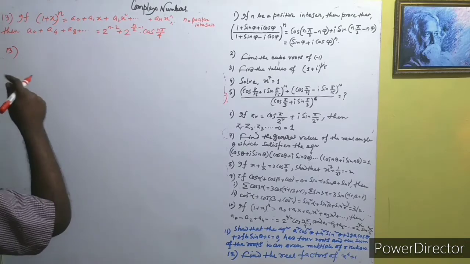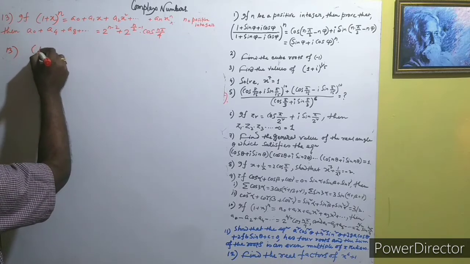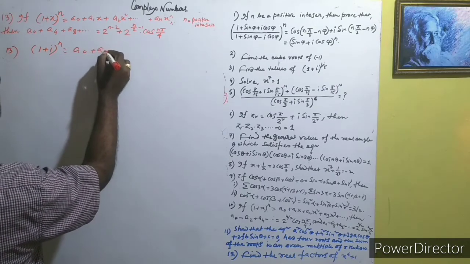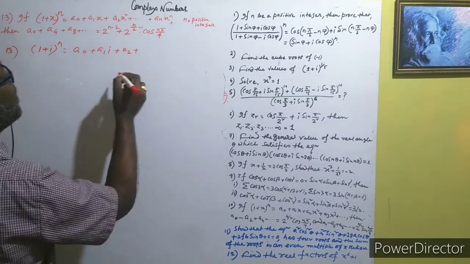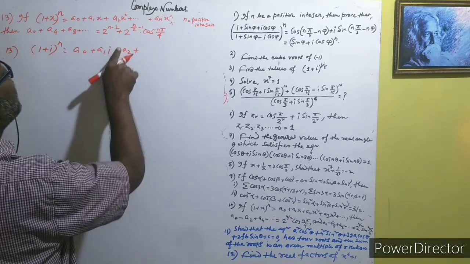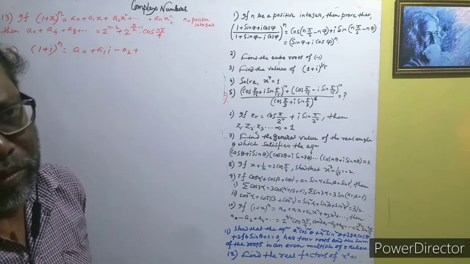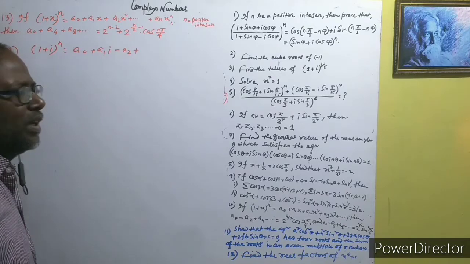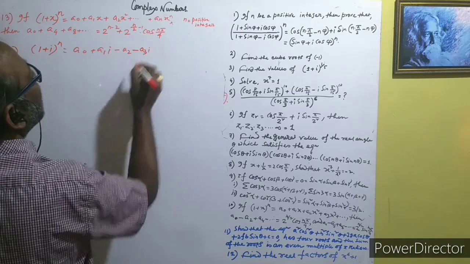Now here we have to put the complex number i, then 1 plus i to the power n is a0 plus a1 i plus a2, but in case of a3, that is i square, this is minus, i square means minus 1. And for i to the power 3, in place of x we put i, then i to the power 3 is i square into i, so minus i, so this is minus i a3.